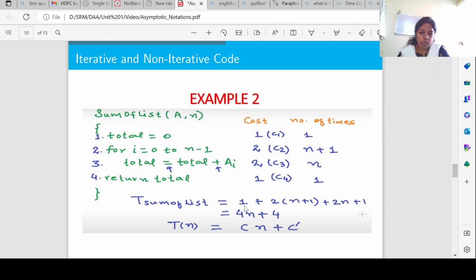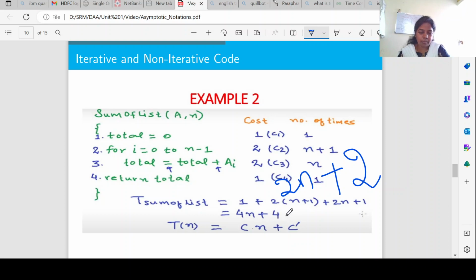So 1 plus 2n plus 2 can be expanded: 2n plus 2n is 4n, plus 2 plus 1 plus 1 equals 4. So the total time complexity for this algorithm is 4n plus 4.